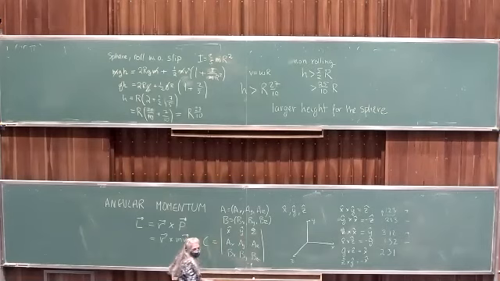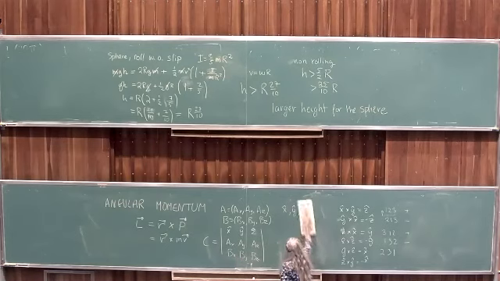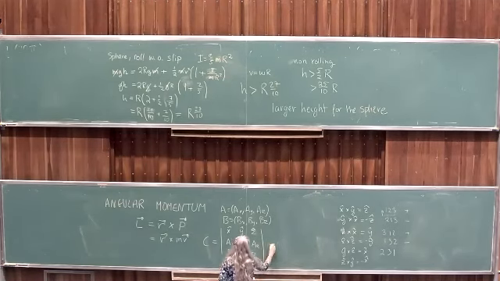So C looks like this. This is a determinant. This is the way that I remember it to do the calculation.